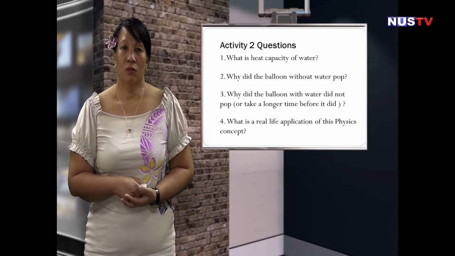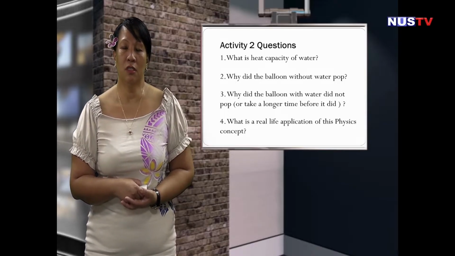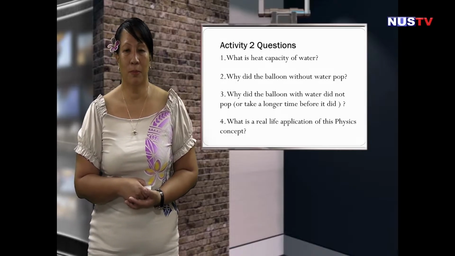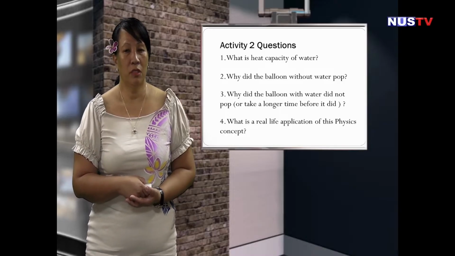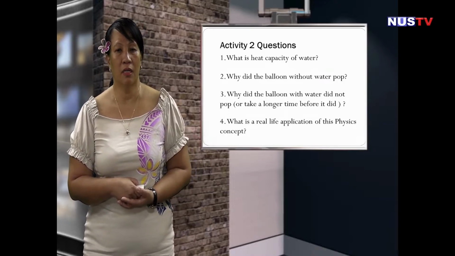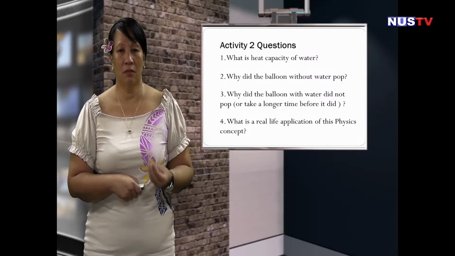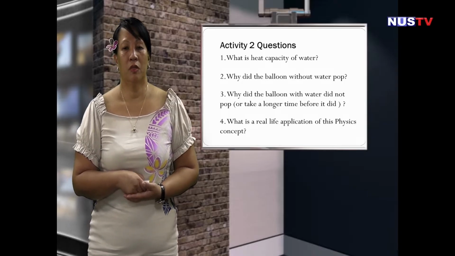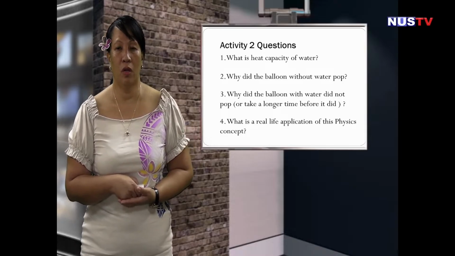But when you go for a swim, you will find that the seawater is still cold despite the hot sunny day. The reason is the high heat capacity of water. The sand conducts heat faster, whereas the water, because of its high capacity, takes a while before it warms up.